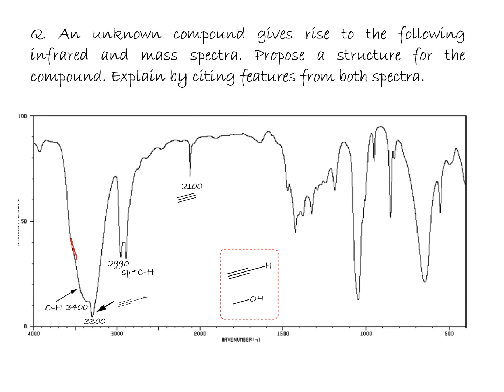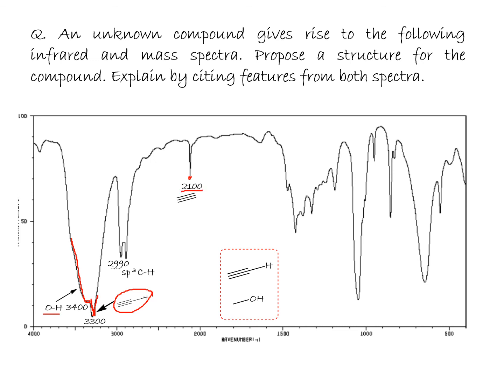It seems that I have a broad band in here, belonging to OH. A sharp one, but underneath the broad, at 3300. It might be a terminal alkyne. To confirm that, we go to the area of carbon triple bond carbon.